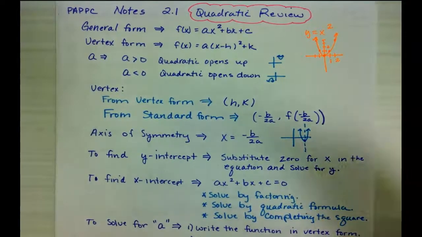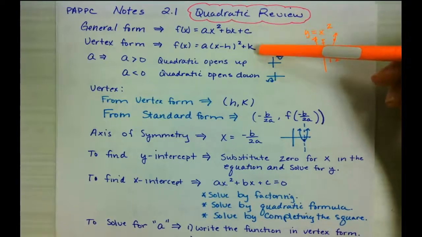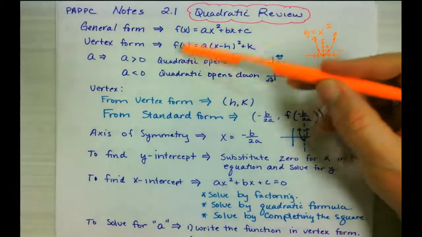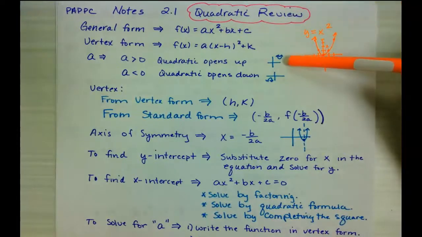Okay? Last year we had a general form or standard form, and we had a vertex form. We know that when a, the number in front, is greater than 0, it's going to open up, and when it's less than 0, it's going to open down.